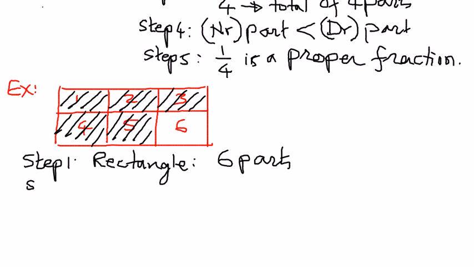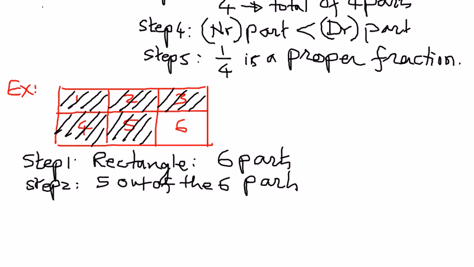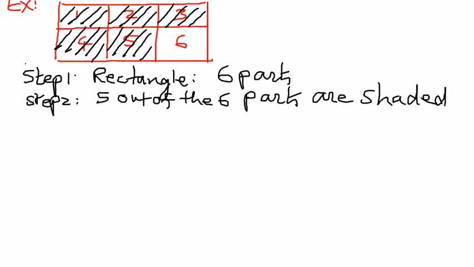As step 2, we want to say 5 out of the 6 parts are shaded. And as step number 3, in terms of a fraction, 5 over 6 is a proper fraction.